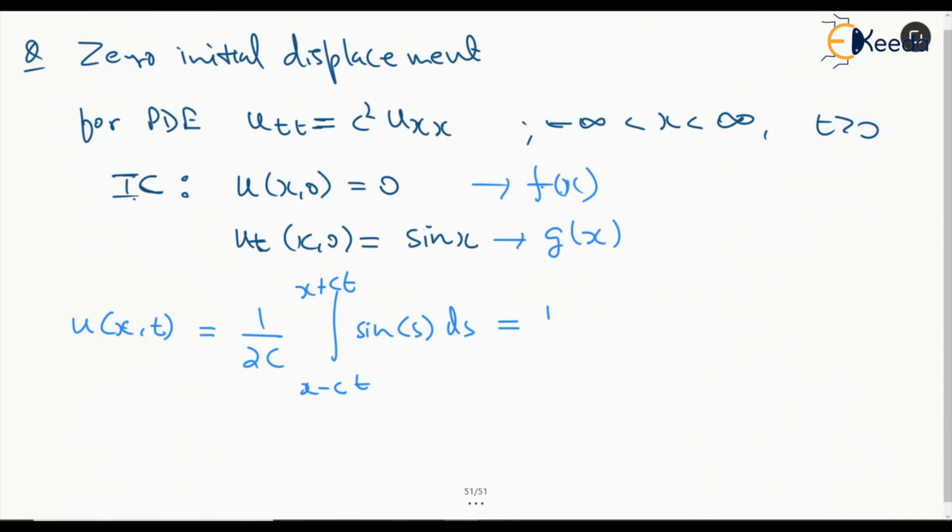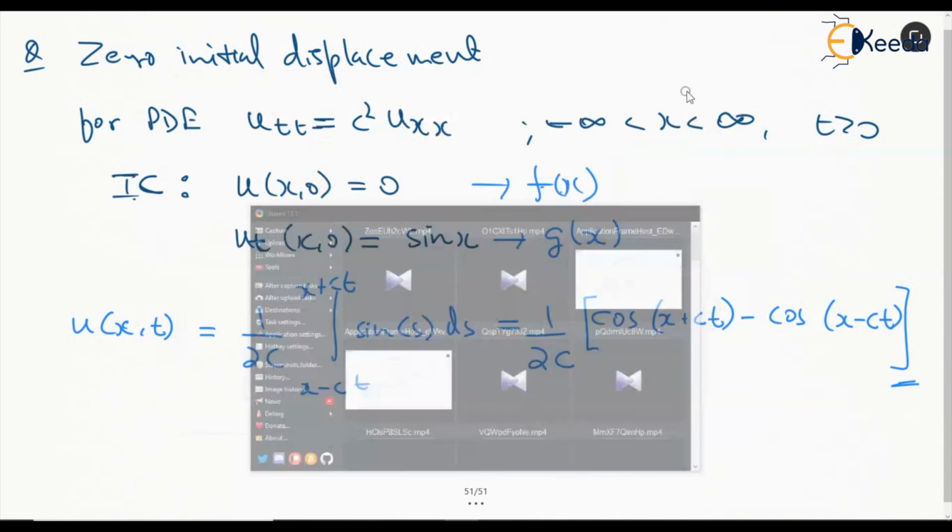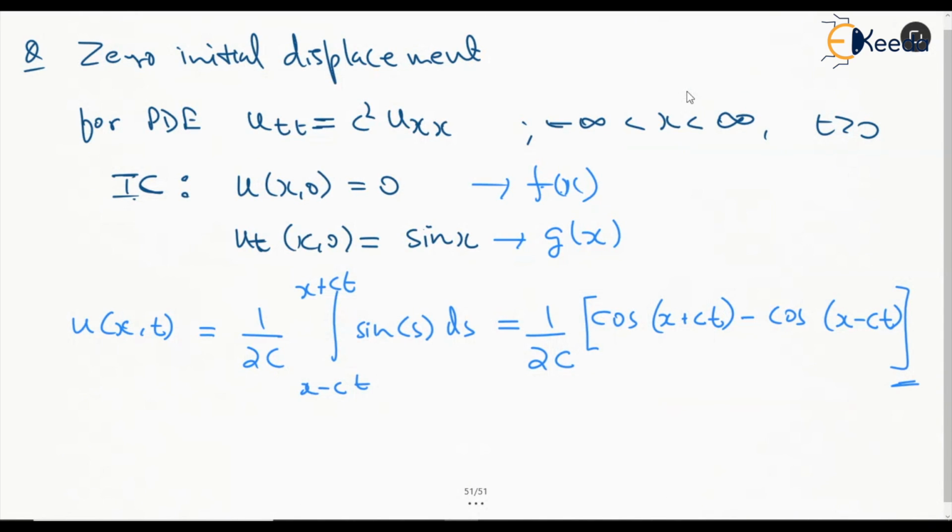So this is going to be 1 by 2c cos of x plus ct minus cos of x minus ct, with this minus outside, since the integration of sin s is minus cos.